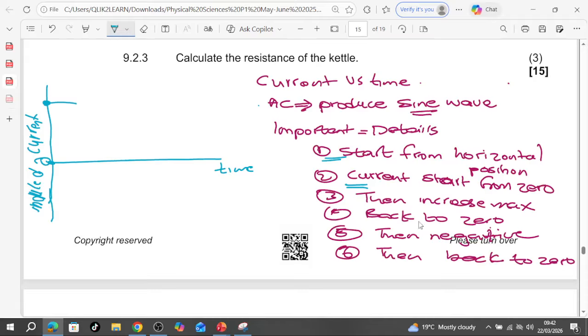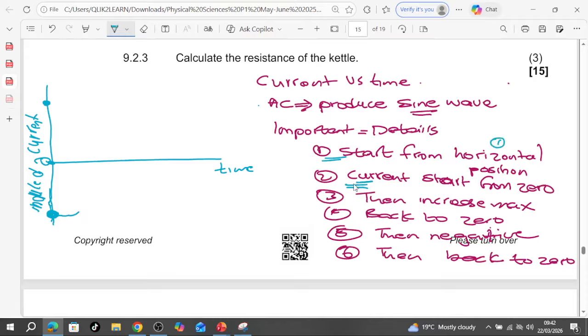Let's use the steps that I gave you guys. It starts from horizontal, that's 1.